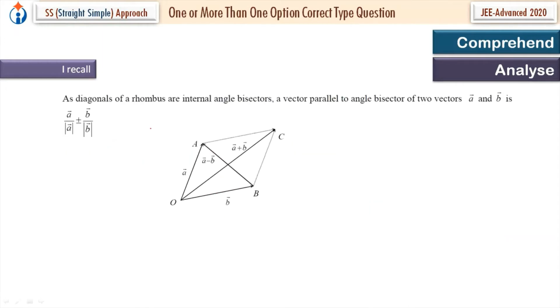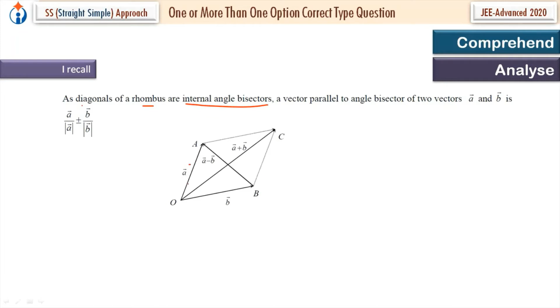So all basic results from NCERT books, and we will use them. And one simple geometry, which we have learned in class, I think, 10th. Diagonals of a rhombus are internal angle bisectors. So we have to check acute angle bisector. So a vector parallel to angle bisectors of two vectors, vector A and vector B. If I take vector A, vector B, they form a parallelogram.